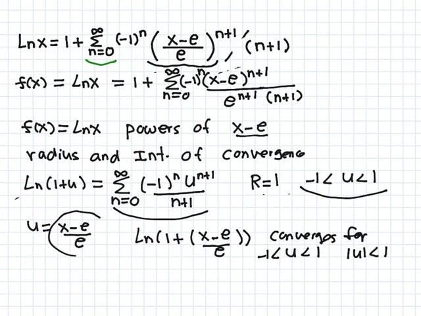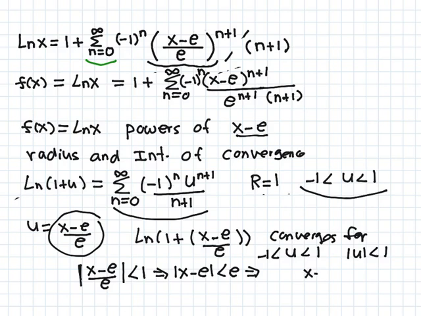But u is equal to (x minus e) divided by e. That means absolute value of (x minus e) divided by e is less than 1. If we simplify this, we get absolute value of x minus e is less than e. Simplify further, get rid of the absolute value, we get x minus e is less than e and larger than negative e.